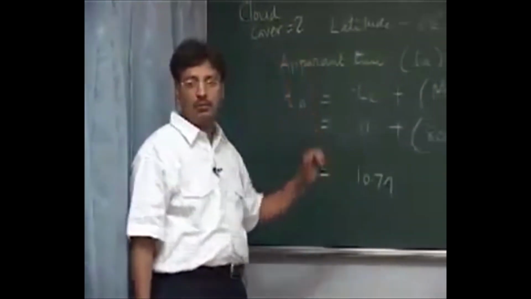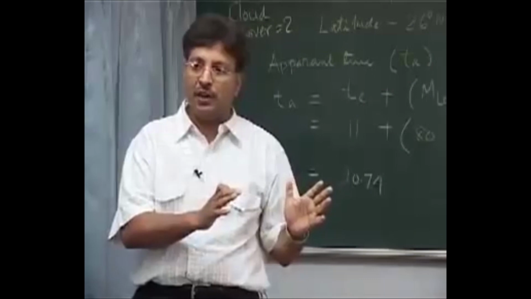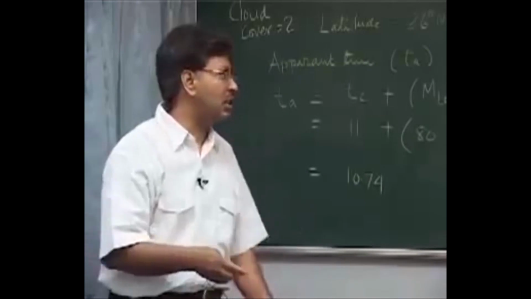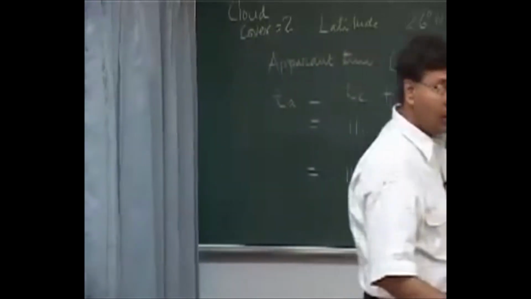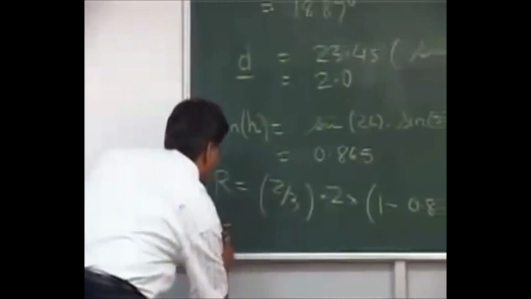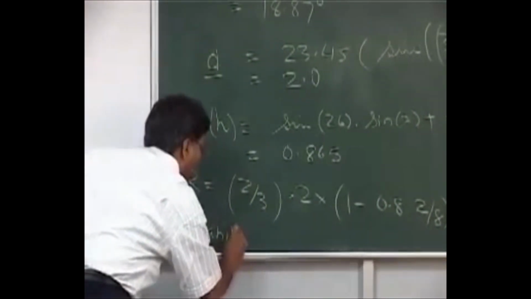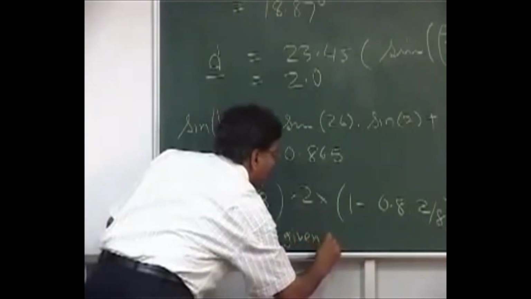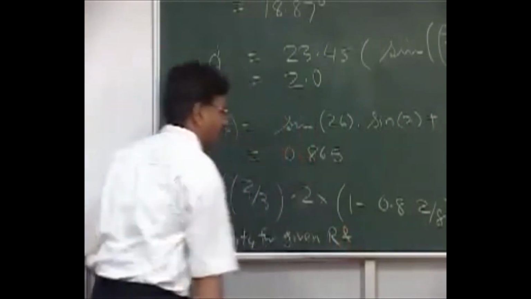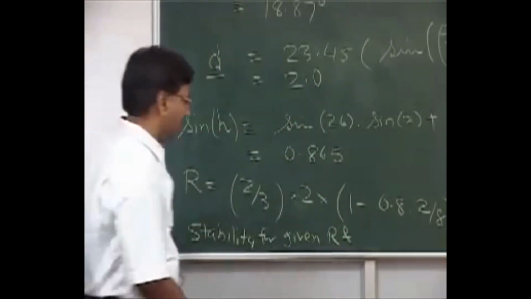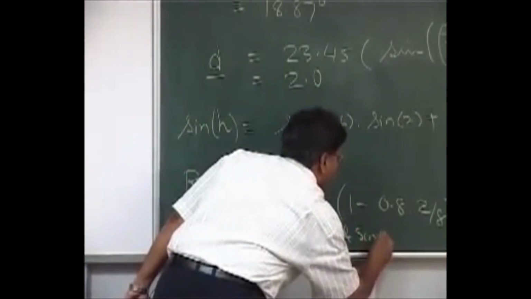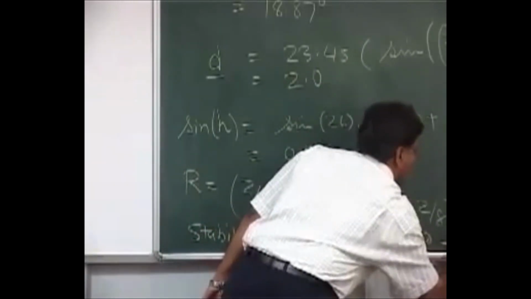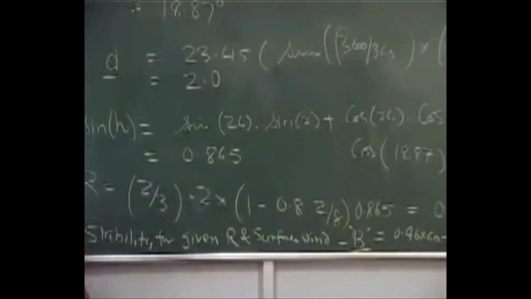Go back to the tables we gave you about the surface wind, and you expect it to be B. So the stability, after going back to the original tables, for given insolation and the surface wind speed, came out to be B.